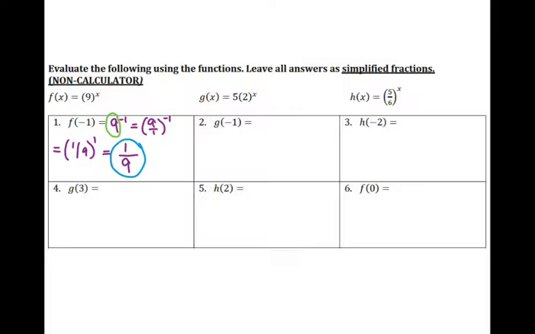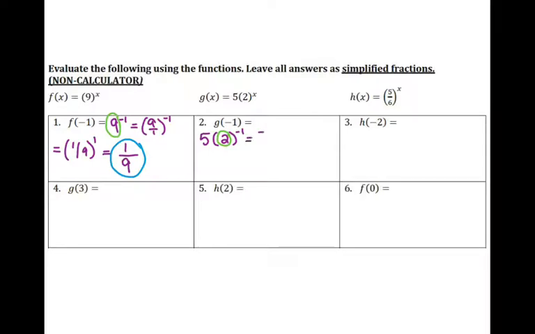Number 2, another negative exponent, except this time I am using the g function. So I'm going to go ahead and plug that in. I have 5 times 2 to the negative first power. Once again, since I have a negative exponent, I'm going to flip the base, and only the base. Do not touch the 5 yet.